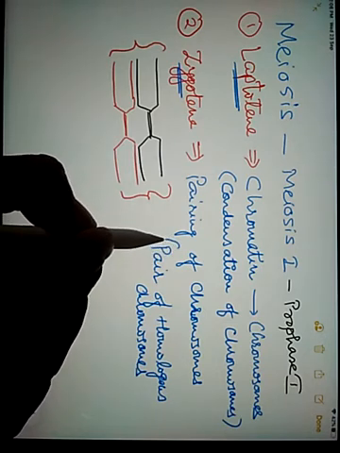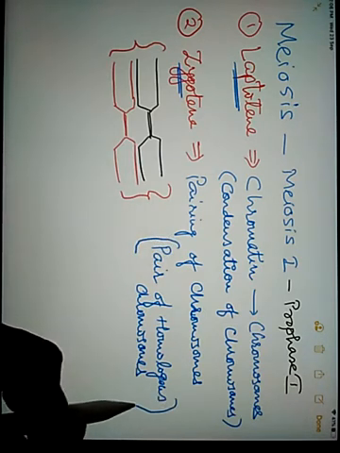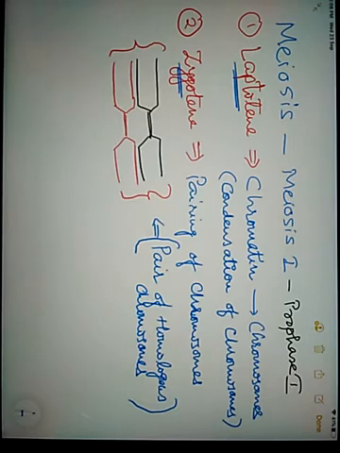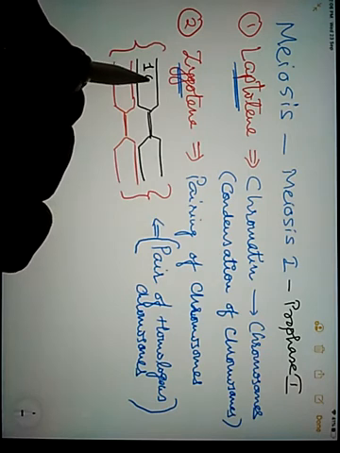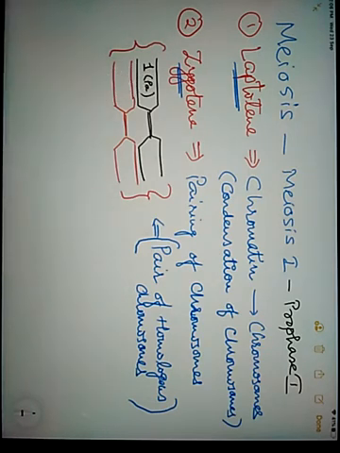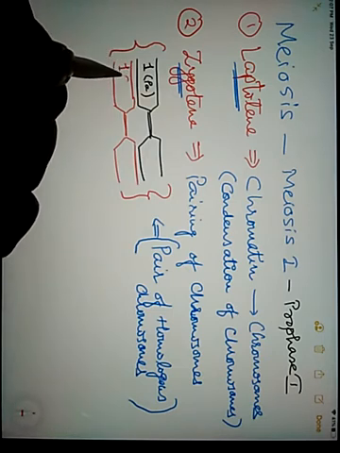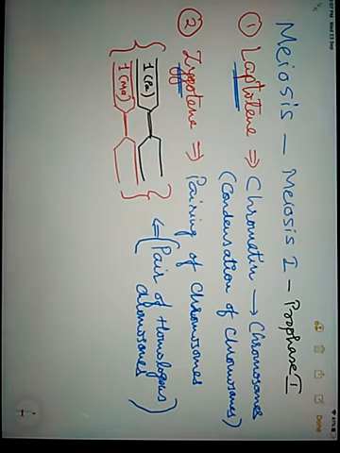So this is actually happening during the zygotene phase, pairing of homologous chromosomes. For example, the black one is chromosome number 1, but it is paternal, and the red one is chromosome number 1, but it is maternal. So they are coming together and make a pair.